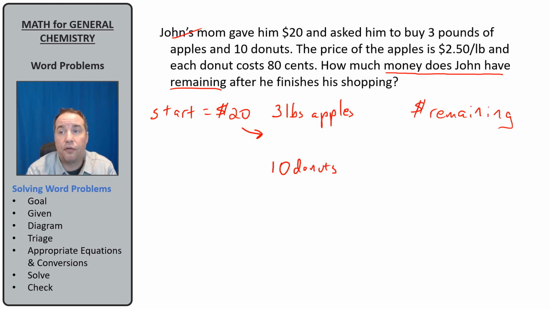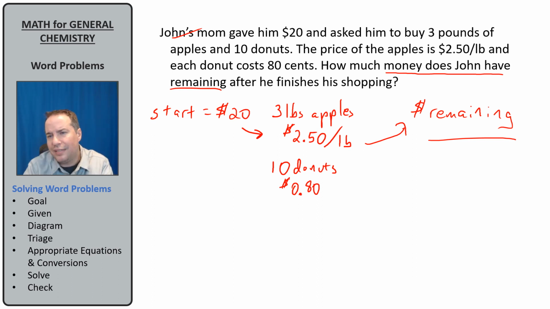We have some prices for them: $2.50 per pound for the apples, and the donuts cost 80 cents. And so we want to go from what we started with, to what we spent, and then figure out how much is remaining. So this is our diagram. It's not much. Sometimes you have more of a diagram of what's happening. But in this case, we want to know what is being spent, and then we can find what's remaining.